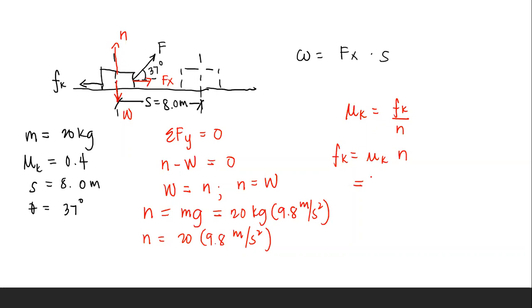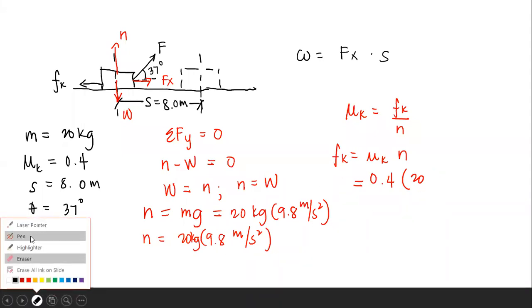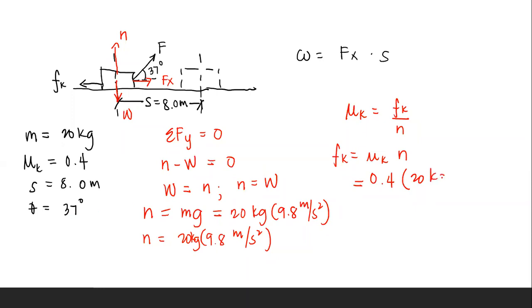Coefficient of friction is 0.4. 0.4 times the normal, 20 kilogram times 9.8 meter per second squared. Now, this one is summation of Fy.